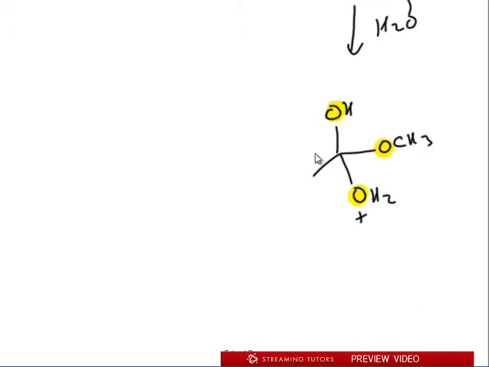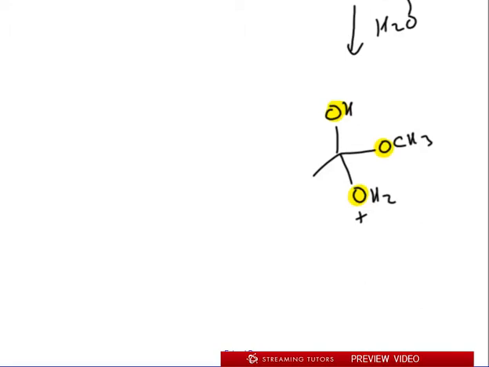So if this was to close down, then really the one that's going to leave is the one that's positive. And that's simply because they have the same leaving group potential, oxygens, and so the one that's positive is the one that wins. Okay? So remember how with acyl halides and acid anhydrides, it didn't matter if it was positive, the Cl or the carboxyl group, it still left, right? But not here.